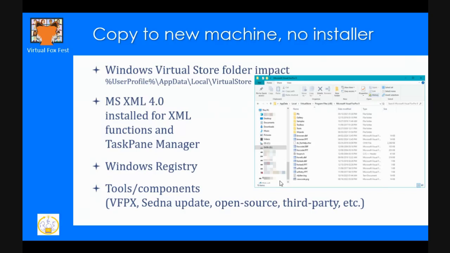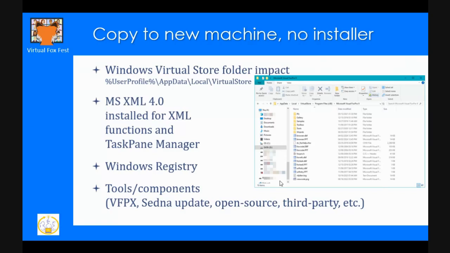A lot of things get copied because they're in a protected program files path. And so you'll be maybe surprised, maybe you won't be surprised, at the number of files that get moved into the virtual store. And if you need the files, you need to copy them from your virtual store back to the new machine as well.